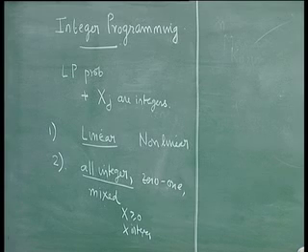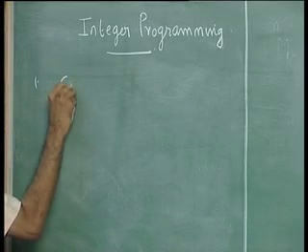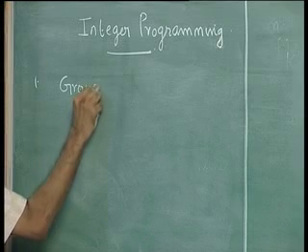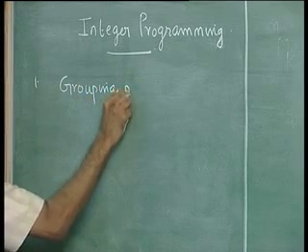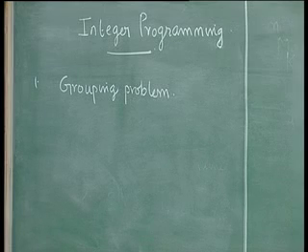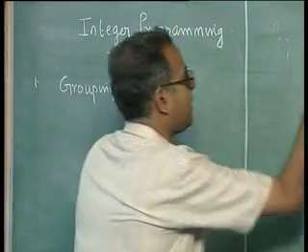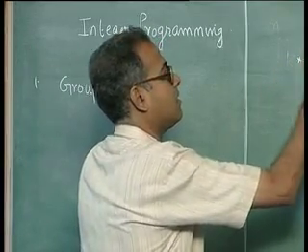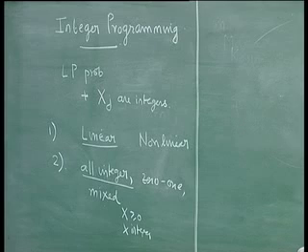Now, we start with one simple example which is called the grouping problem. Let us define the grouping problem and see whether we can complete the formulation. Let us assume that I have five points which are like this.